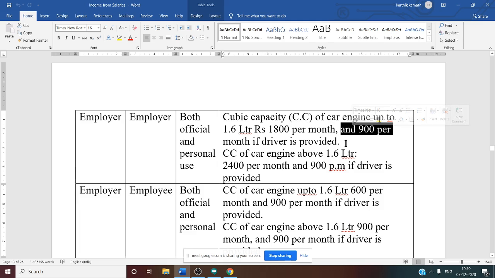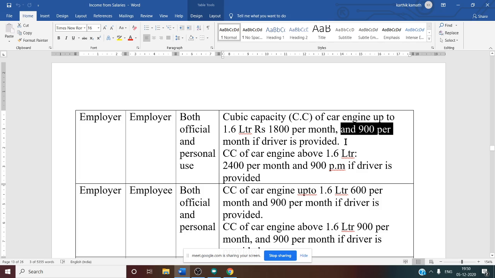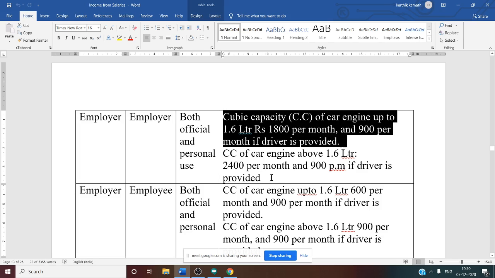This 1800 and 900 is fixed under the taxation system. You consider it when the car is used for both personal as well as official purpose, the owner is the employer, and expenses are met by the employer. So that is for small car calculation.